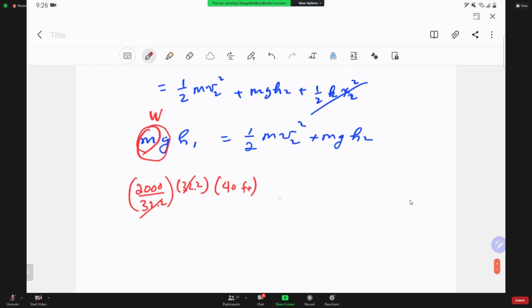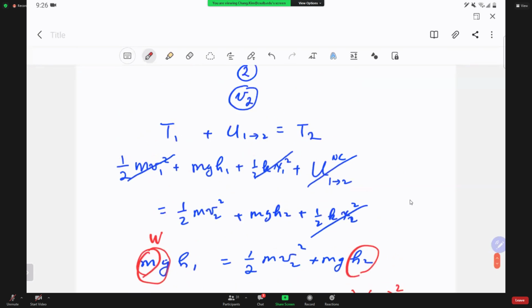Equal to 1/2 times the mass, which is 2000 divided by 32.2, times the velocity, which is unknown, squared, plus the mass times g times h2.